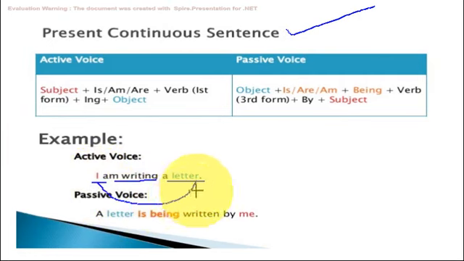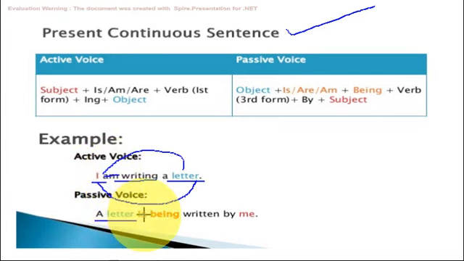See, subject becomes object, and this object becomes subject, right? Now a letter, we have taken an object at the place of subject here, a letter. Then a letter here is am, right?